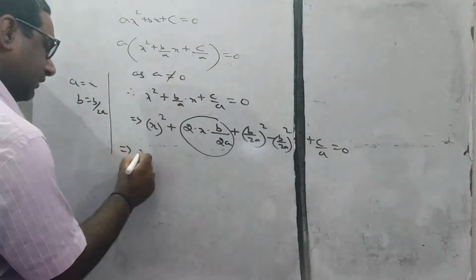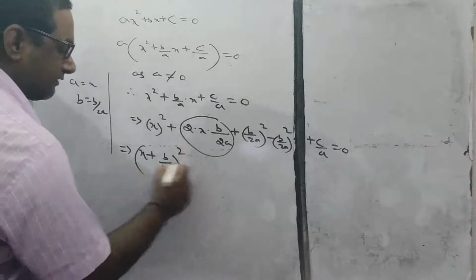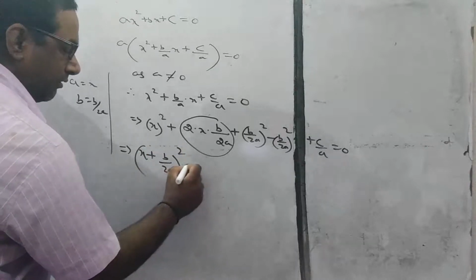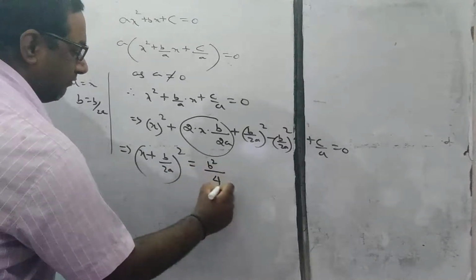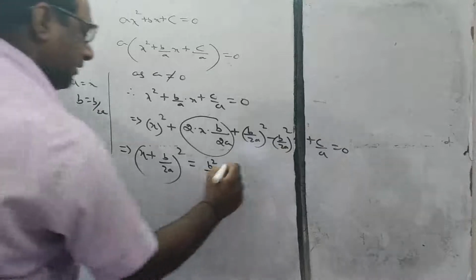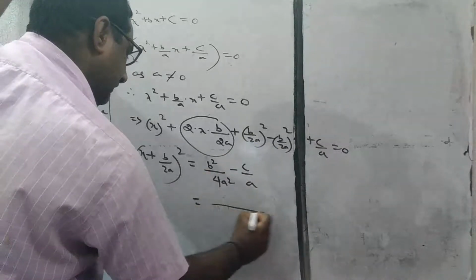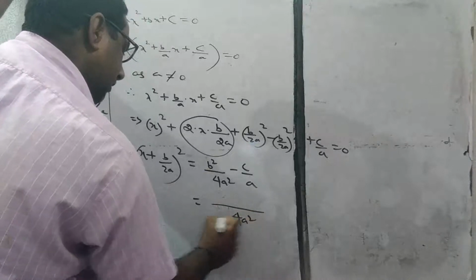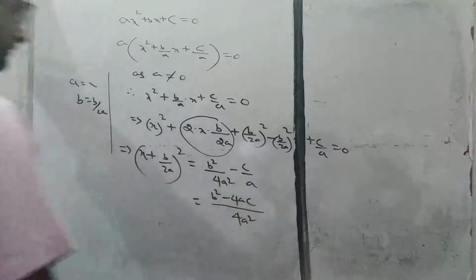So this one can be written as x plus b by 2a whole square equal to b square by 4a square, this term, minus c by a. And if you take LCM, 4a square, b square minus 4ac.